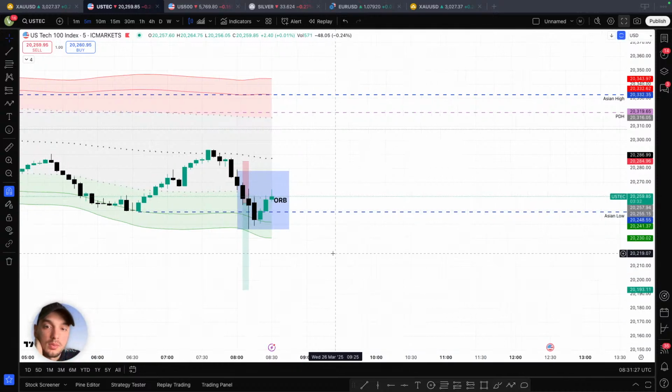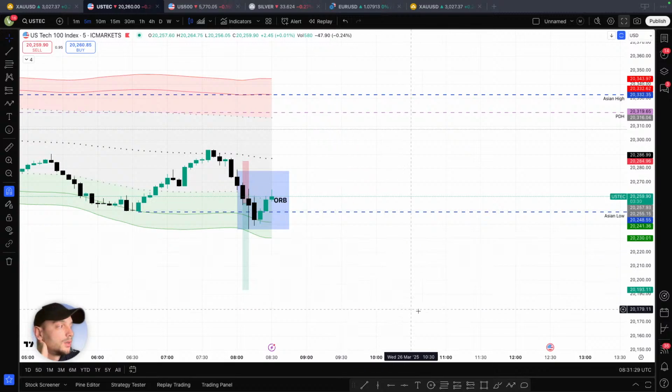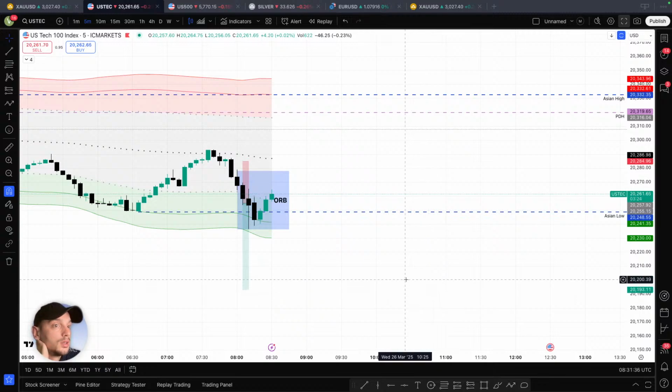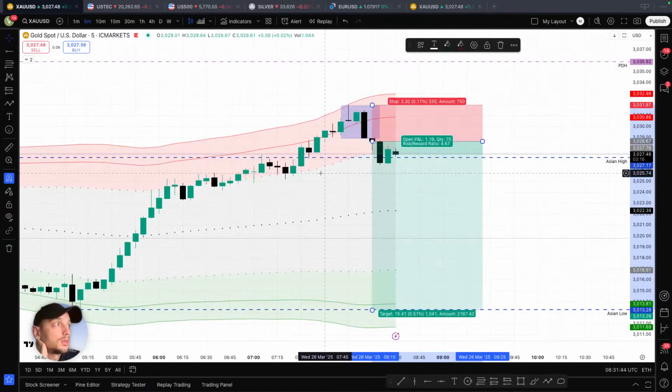With the 5-minute ORB, we are looking till 9 o'clock for the London session. If we don't see entry till then, we just don't take one with this strategy.